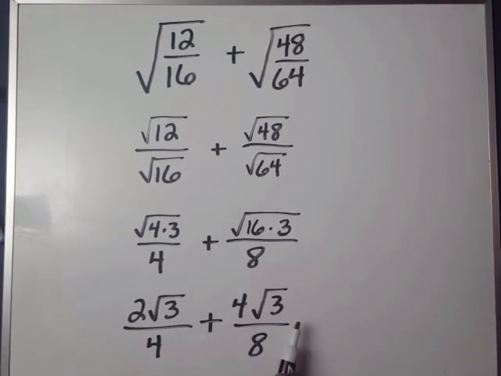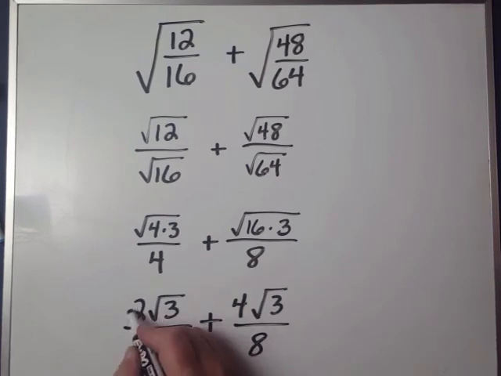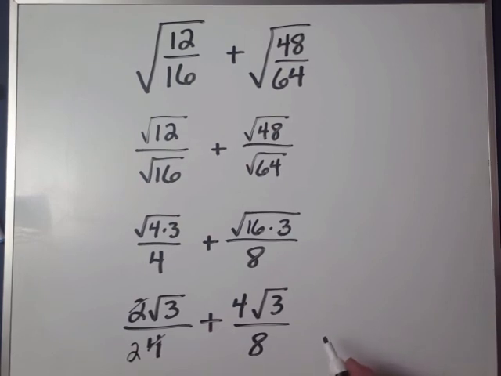Yes, we can, because these are like radical terms. And so to add these up, I just need common denominators for my coefficients. My coefficient here is 2/4. My coefficient here is 4/8. Instead of changing everything to eighths, why not reduce these? 2/4 is 1/2, isn't it? 4/8 is 1/2.